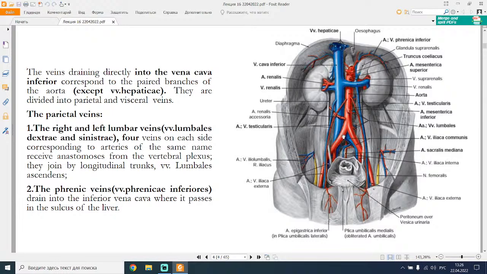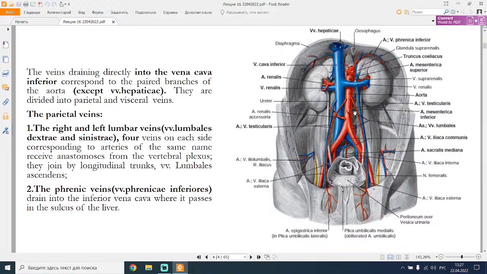The parietal veins are the right and left lumbar veins, vena lumbalis dextra and vena lumbalis sinistra.